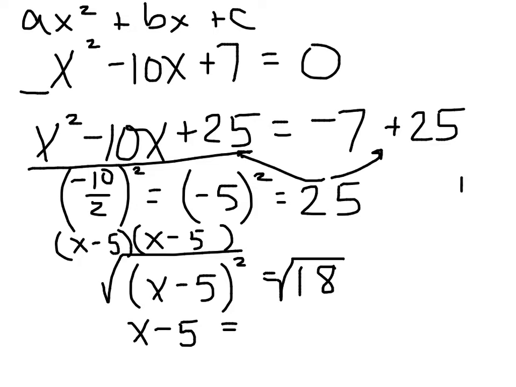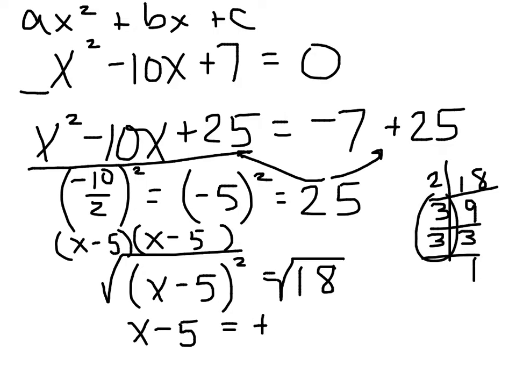So over here on my scratch piece of paper, can I break it down? Work it. So if I break it down, I've got 2 3's, so I heard Colton say plus or minus 3 root 2. Do not forget the plus or minus. If you do, it's wrong. Okay? So be careful with that.